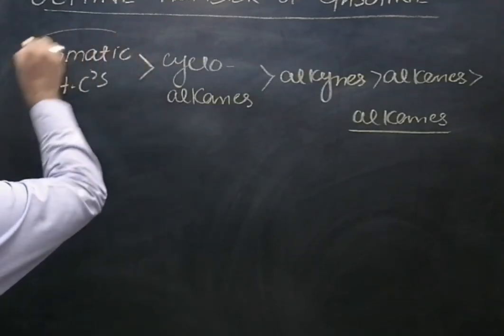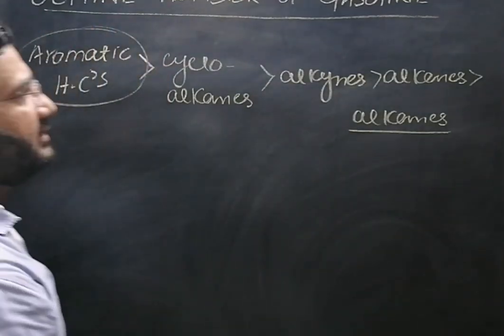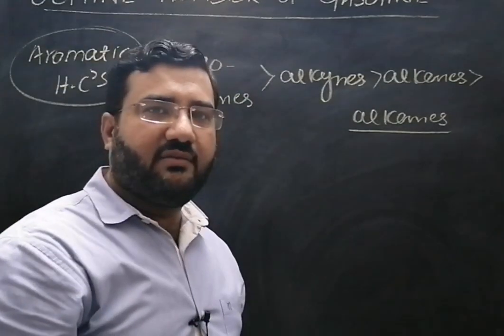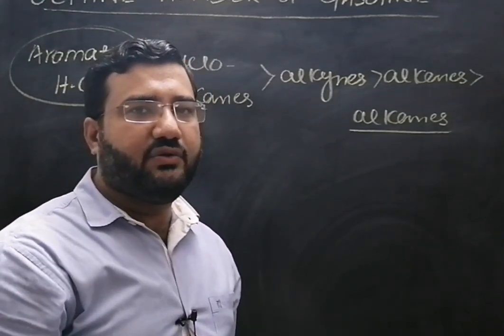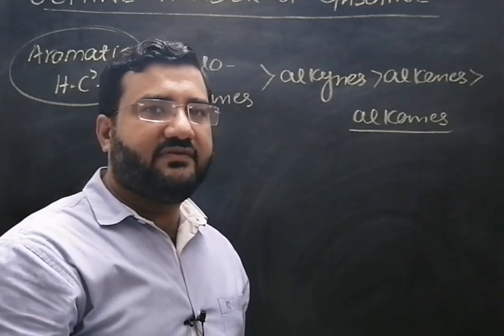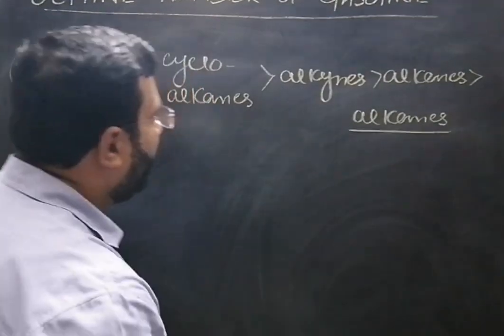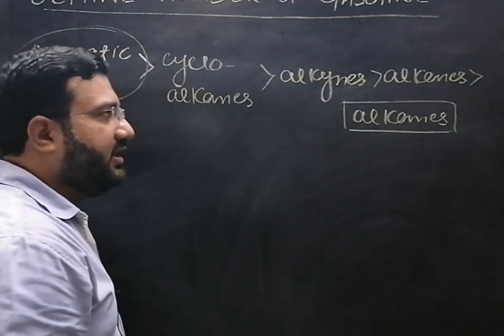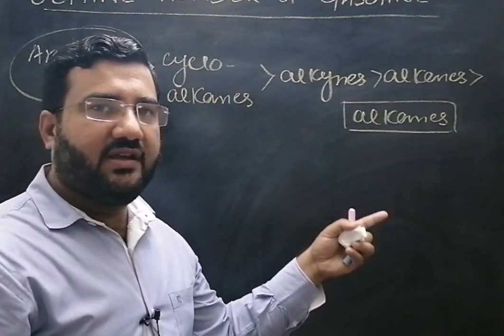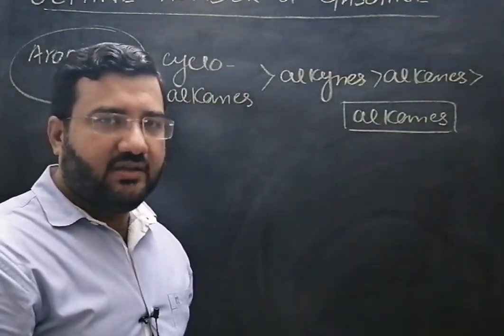So aromatic hydrocarbons are the ones having maximum octane number and minimum chances of knocking when you use aromatic hydrocarbon mixed with the fuel. And alkanes have minimum octane number, so maximum chances of knocking are there with the alkanes when they are present in a large proportion in a fuel.